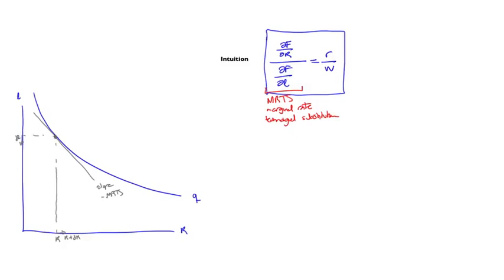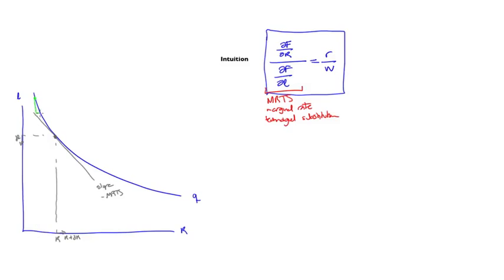And what you can see is that the marginal rate of technological substitution changes across the isoquant. So for example, in the case depicted in the figure, the marginal rate of technological substitution is very high when capital is very low. In that case, increasing capital by a little bit allows you to decrease labor by a lot without changing the amount produced.